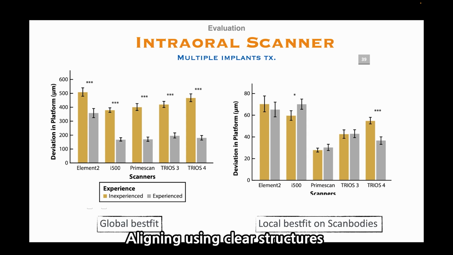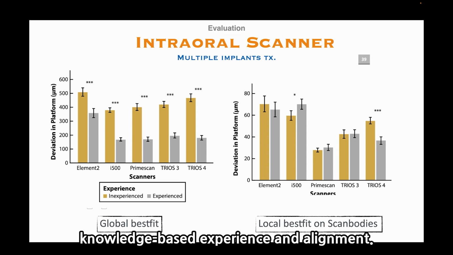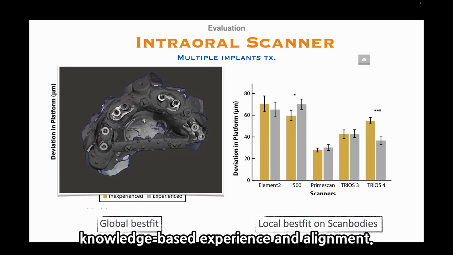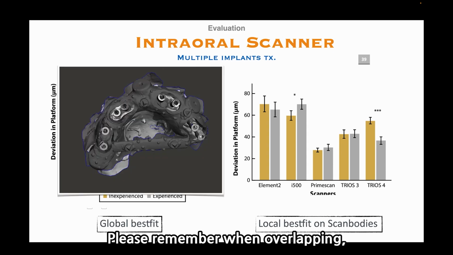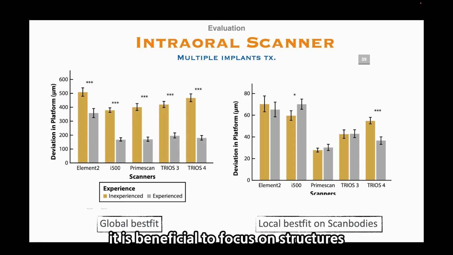Aligning using clear structures like scan bodies is advantageous. It shows the importance of knowledge-based experience and alignment. Please remember when overlapping, it is beneficial to focus on structures with relatively small changes and clear definition like scan bodies.